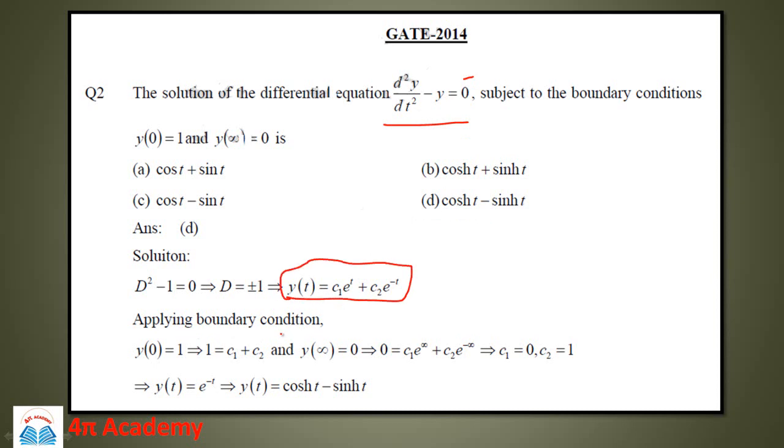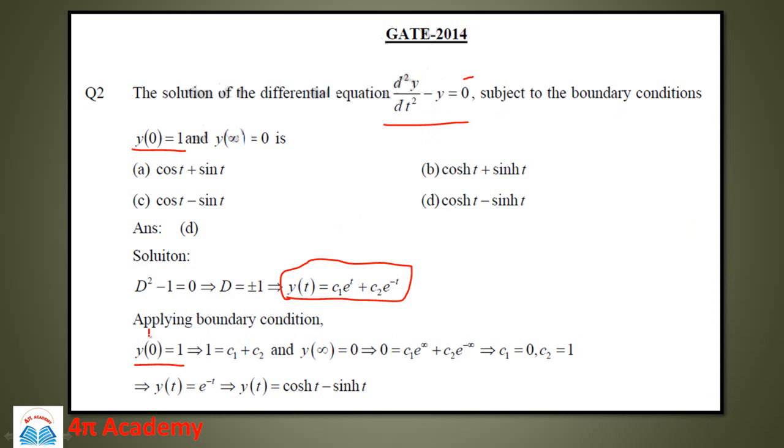Now we apply the boundary condition which is y of 0 is equal to 1. So when we substitute the boundary condition y of 0 is equal to 1, that means when we substitute here x is equal to 0, the value of y is 1. Or here if it is in the form of t, then here it will be t.